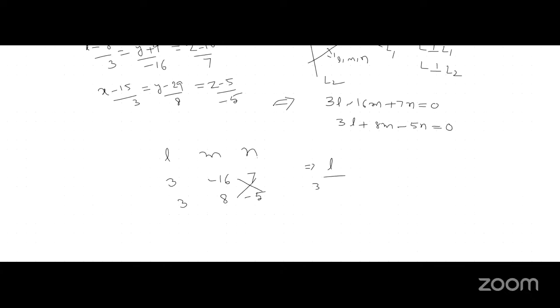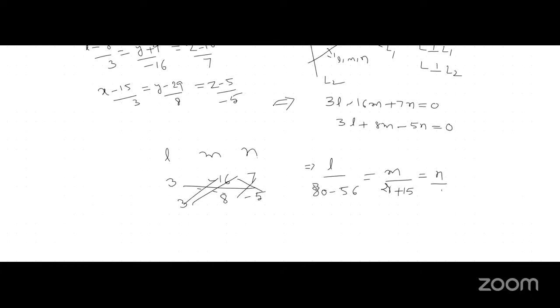Okay, this is 16 into 5, 80 minus 56, and m equal to this thing, 20, 21 plus 15, and n equal to, and the remaining we need to find, these two. So that we are getting.